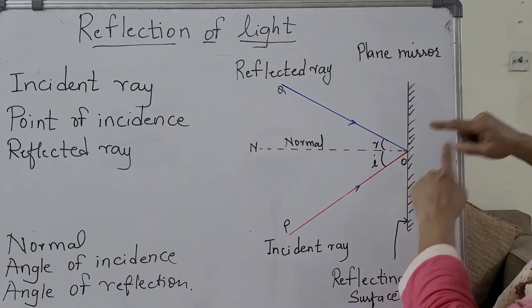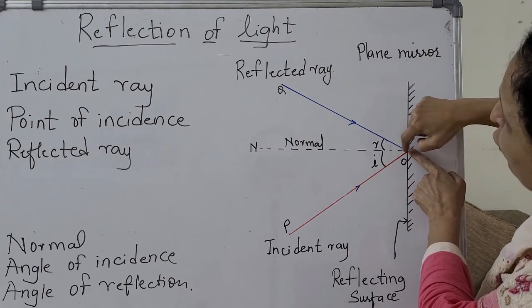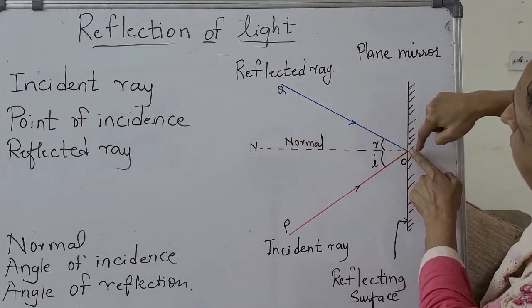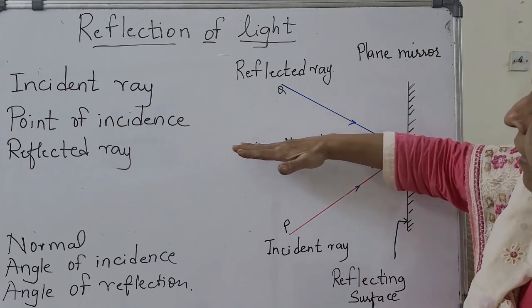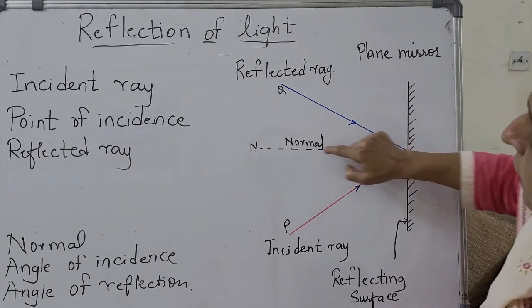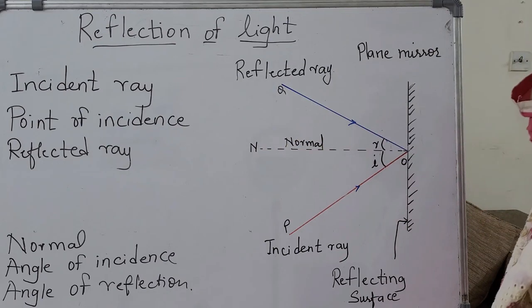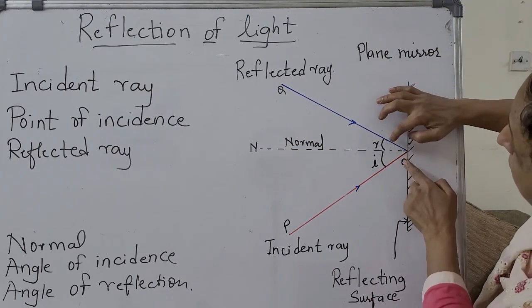Now, if you draw a perpendicular from the point of incidence O, that line is known as normal. Now, you make an angle.